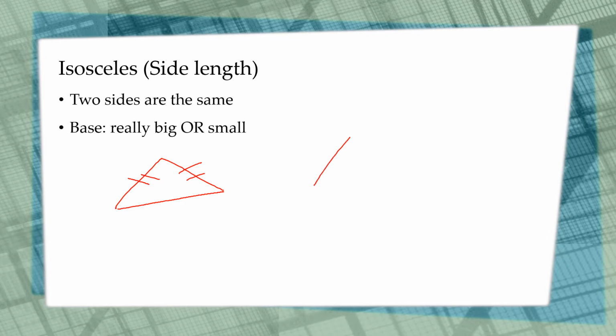And something else I look for to decide this is an isosceles triangle is I look at the base. The base of an isosceles triangle is going to look really big in comparison to the other two sides. So that's what an isosceles triangle looks like.